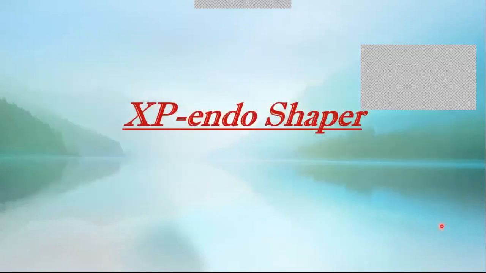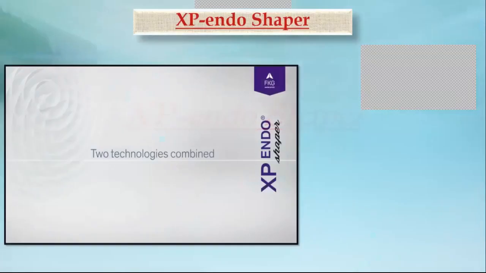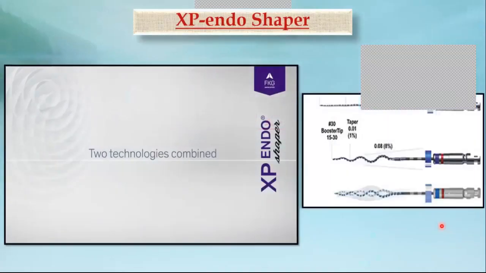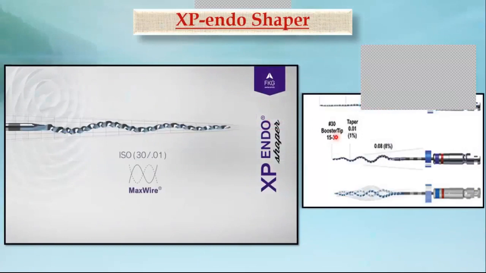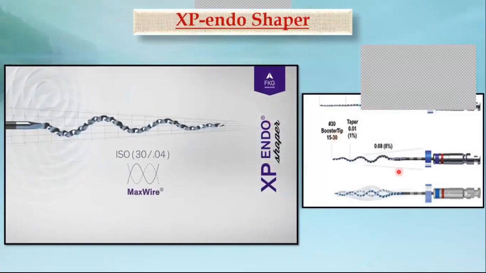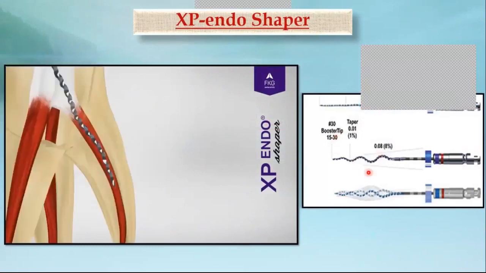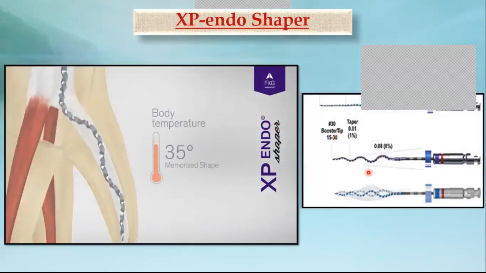For the XP Endo Shaper, this file has a tip size equivalent to size 30 and only a 1% taper throughout its length. It has a serpentine shape, a wave shape, as we can see here. At room temperature, the file is soft, easily bendable, and can be easily introduced inside the root canal.